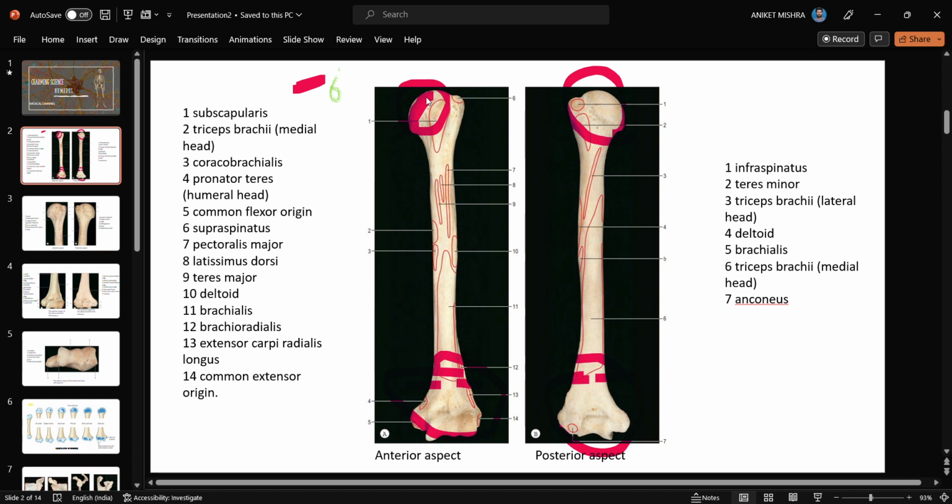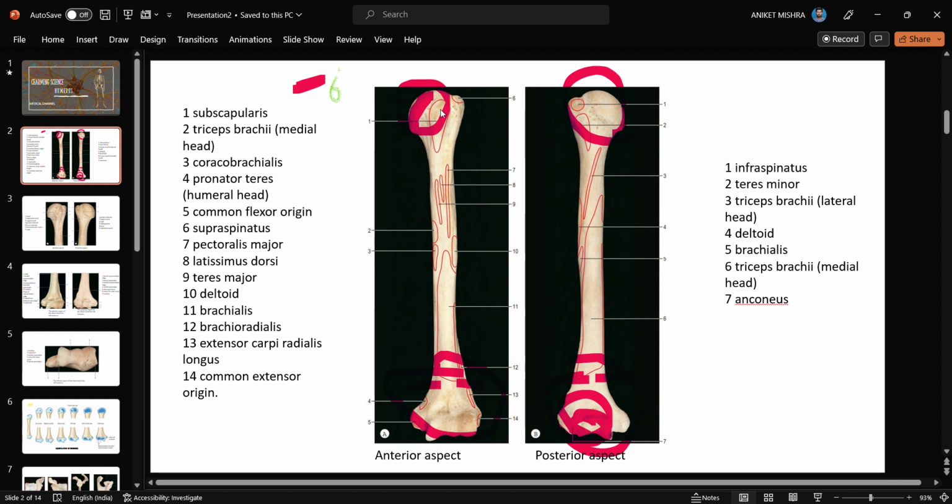And when we talk about how we identify the anterior and the posterior parts of the bone, we see a fossa present posteriorly. That is how we determine the sides of the humerus.